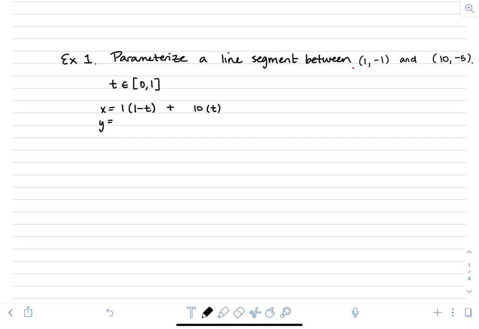So repeating the pattern with a y, we start at -1, we end at -5, and starting with a 1 minus t, and ending with a t, we add, and this is a completely fine parameterization, or you can simplify and you end up getting 1 plus 9t, and when you simplify this one you end up getting -1 plus -4t.